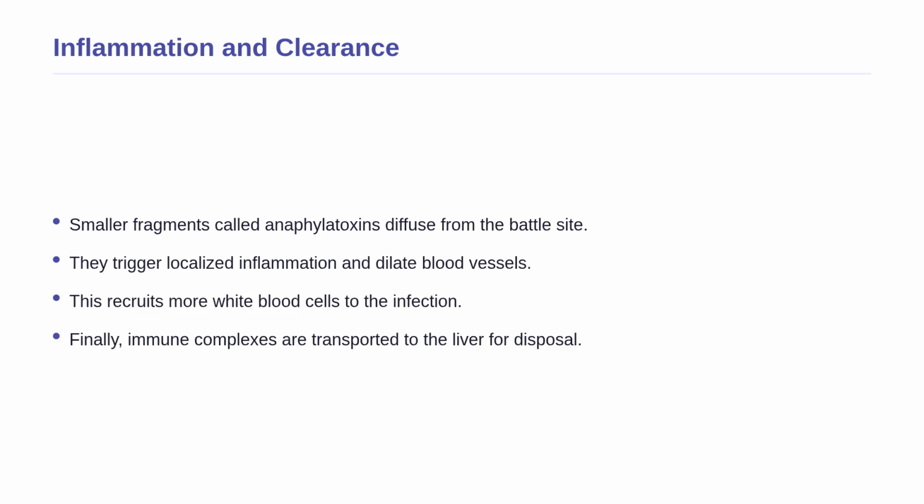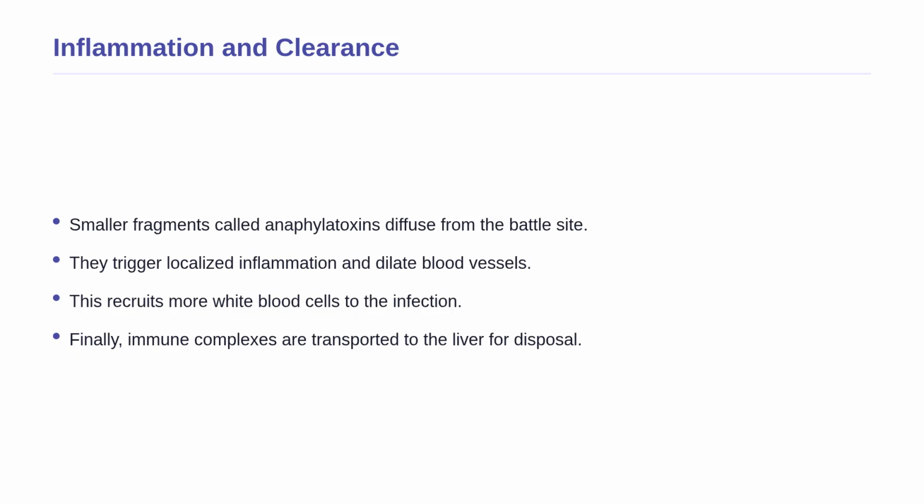While the bacteria are being drilled and coated, the complement system is also calling for backup. This brings us to our third and fourth consequences, inflammation and immune clearance. During the cascade, smaller protein fragments called anaphylactotoxins are released. They diffuse away from the battle site and trigger localized inflammation.